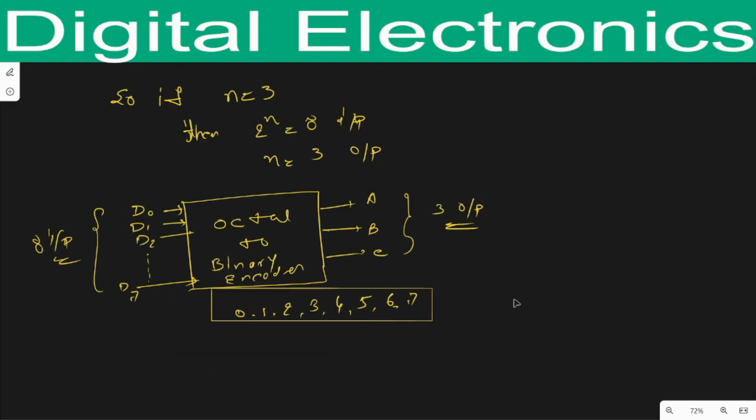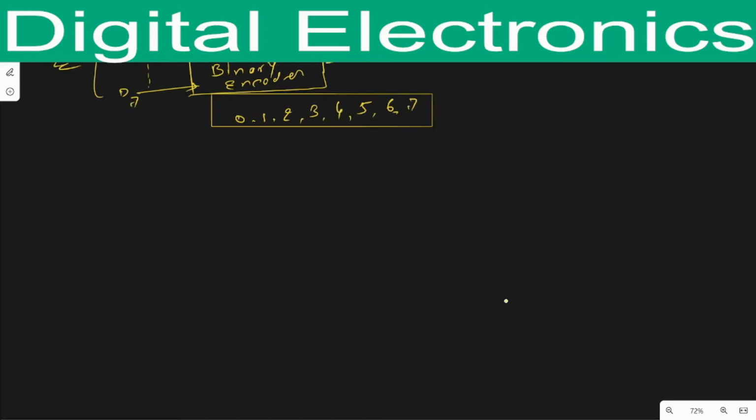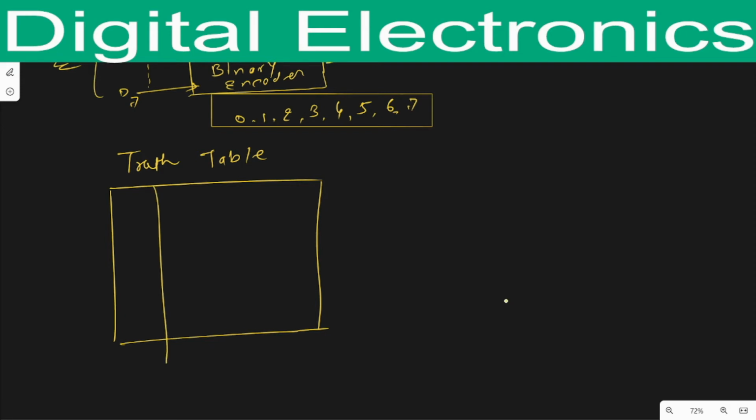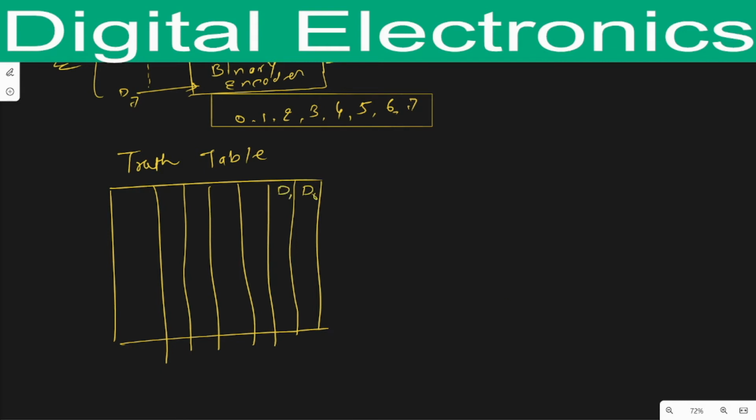Now if I draw its truth table, we know that a truth table is nothing but an analysis of inputs, and accordingly we find the outputs. Here a total of 8 inputs are there, so we need to draw 8 input lines: D0, D1, D2, D3, D4, D5, D6 and D7.